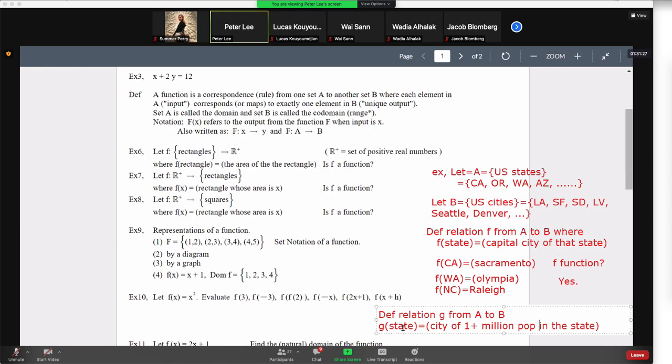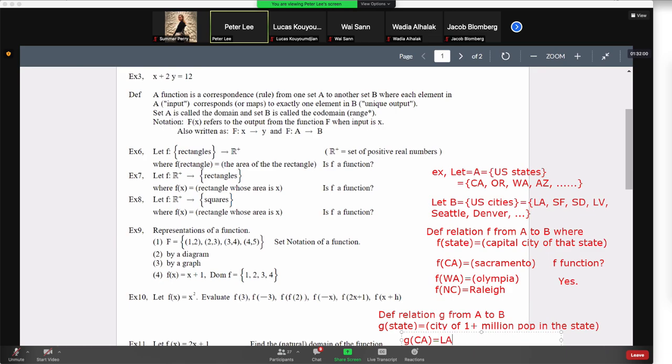That means if the input is a state, we can put any state, and the output will be a city in the state which has more than 1 million population. So G of California could be LA. California is the input. Is there any city in California which has more than 1 million population? Yeah, Los Angeles is more than 1 million population.